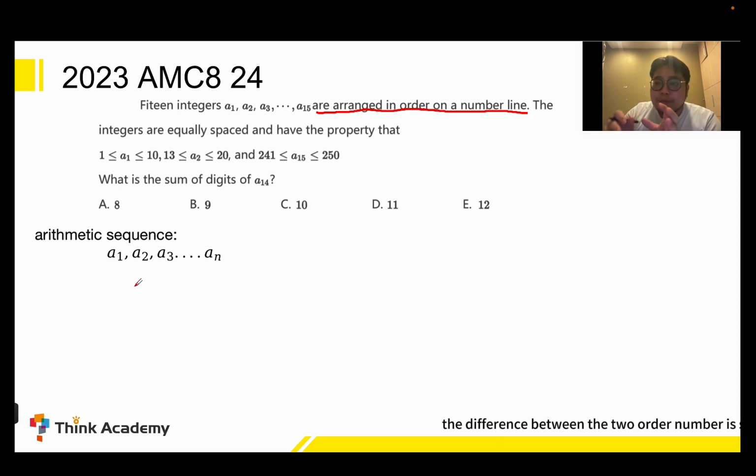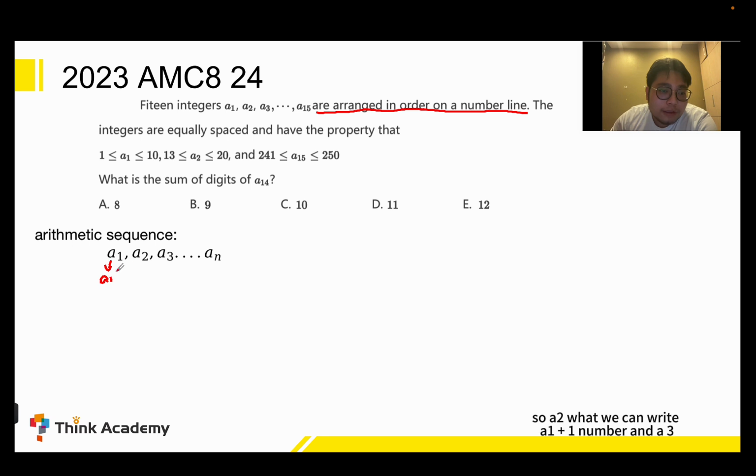The difference between two consecutive numbers is the same. So a1 is just a1, a2 is a1 plus one of this number, a3 is a1 plus 2 times this number, and so on.